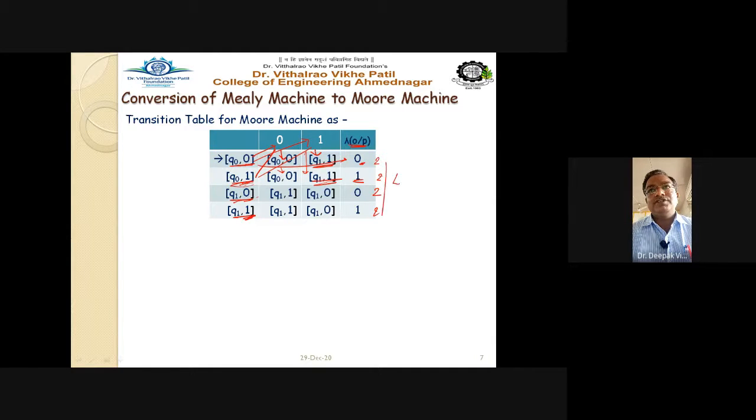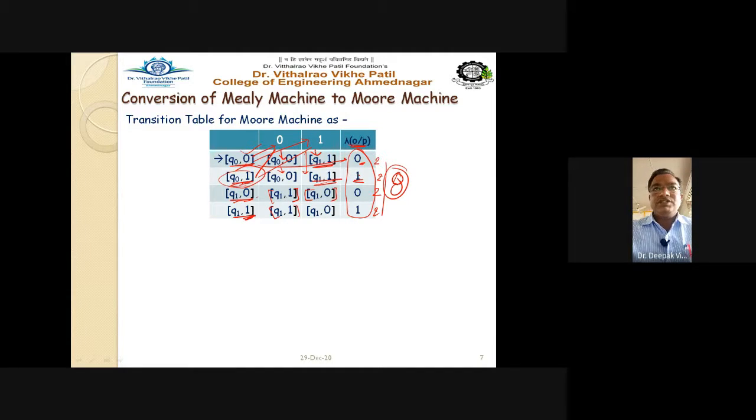So the total number of transitions is 8, and there are 4 output symbols. That is 0 associated with this particular state, and 1 output is associated with this Q01 state. Now Q01 is one state. So see here, all the states are written in square brackets because Q01 is comprised of a single state, and they are not two states. That's why it is written in square brackets.